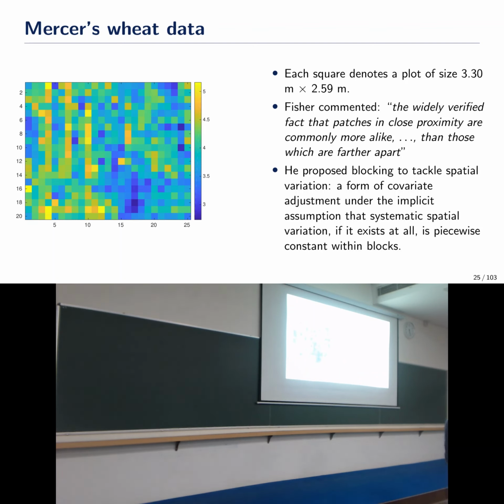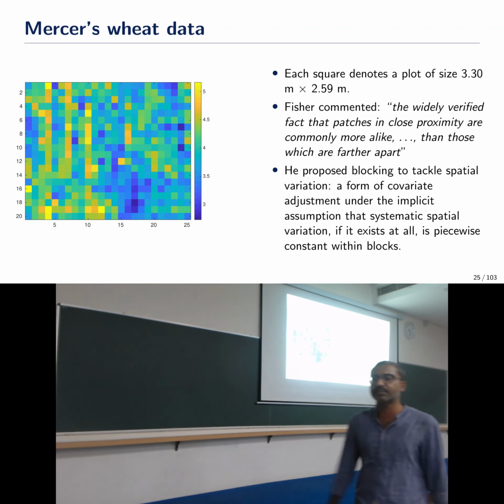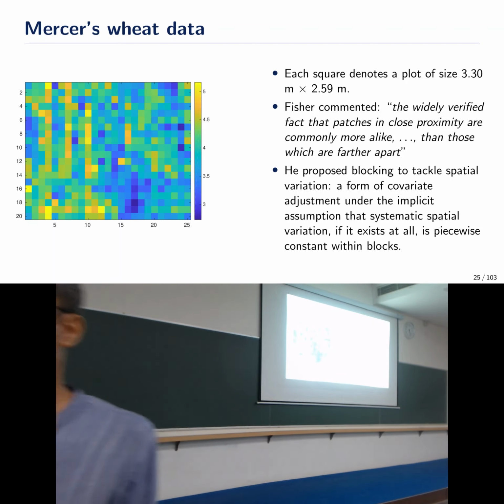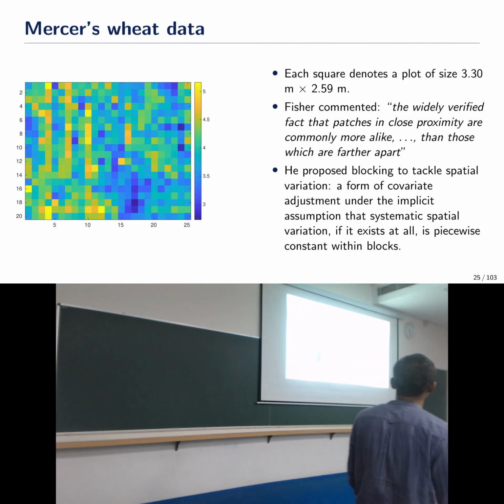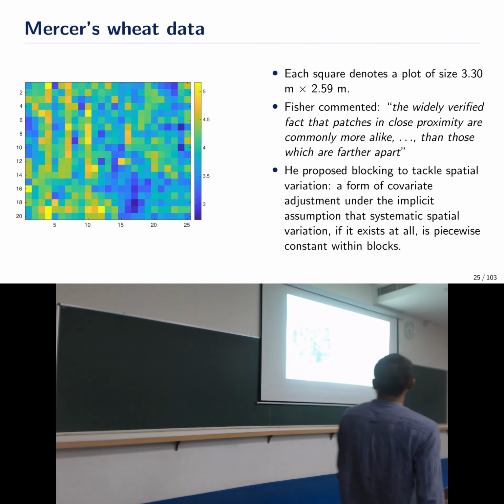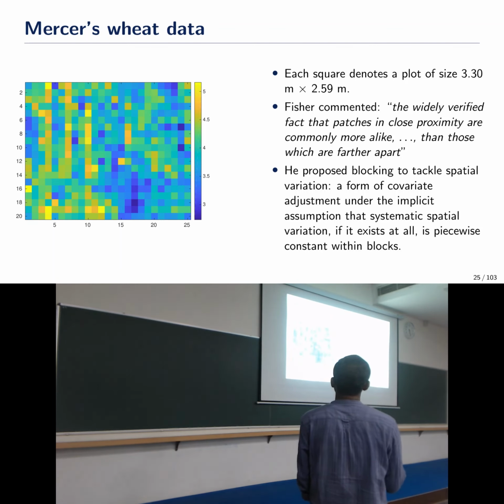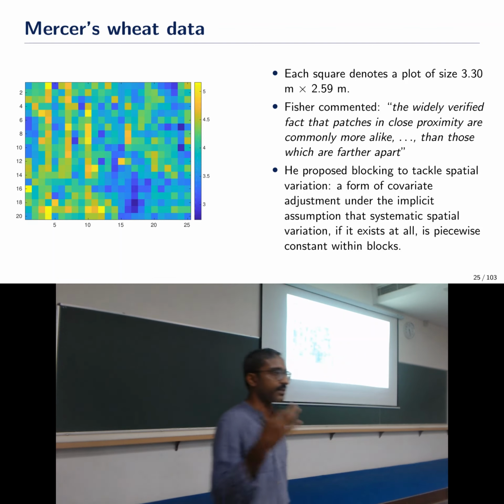This is just a sample data from a huge population that he collected, plotted here. Each square denotes a plot of size 3.30 by 2.59 Newton, and the colors denote the yield of certain crops.